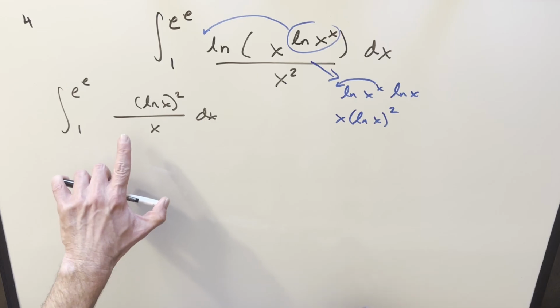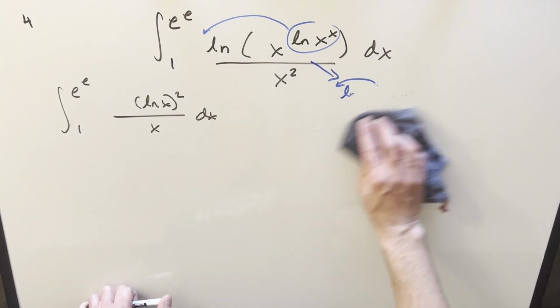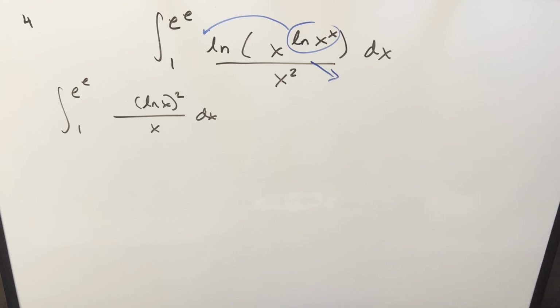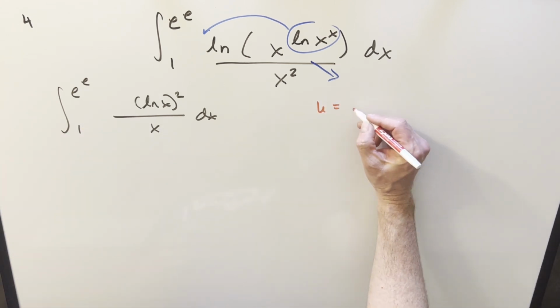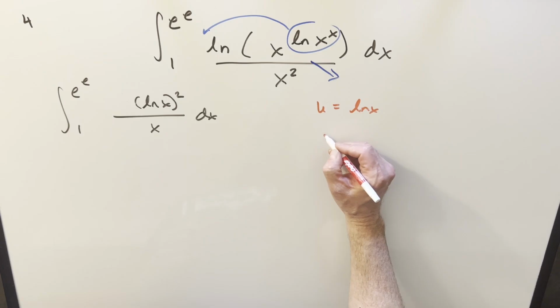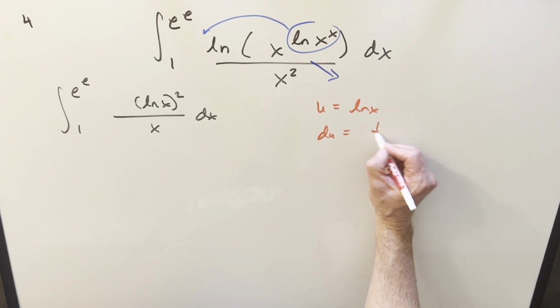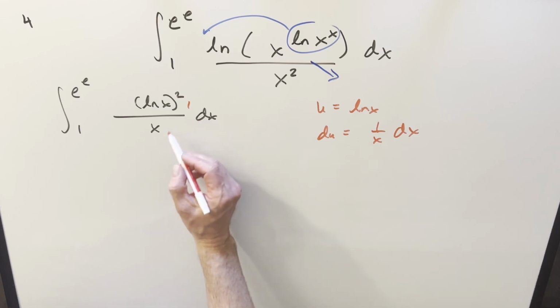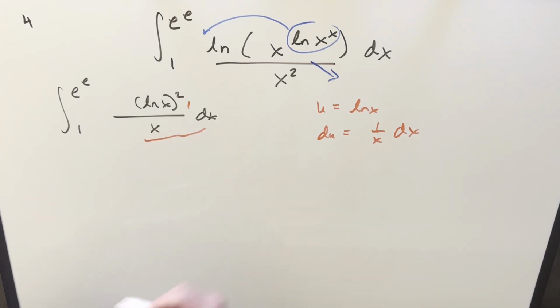And then you can see the u substitution is going to be pretty nice, because if I substitute u for ln x, the derivative of ln x is 1 over x. So u equals ln x, du is just 1 over x dx. So if there's a 1 here, then everything over here to the right is going to be our du.